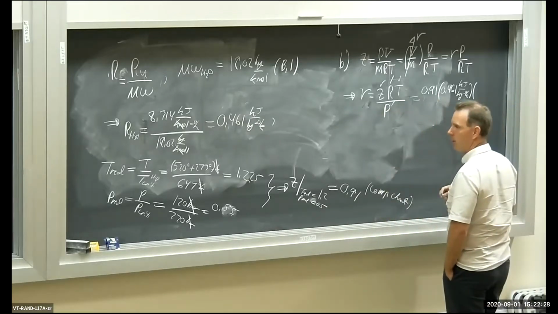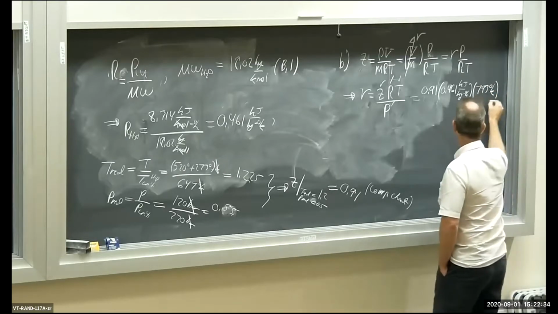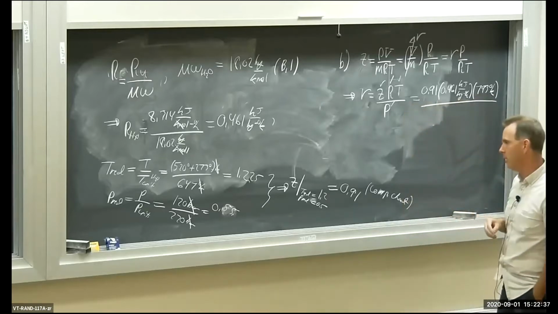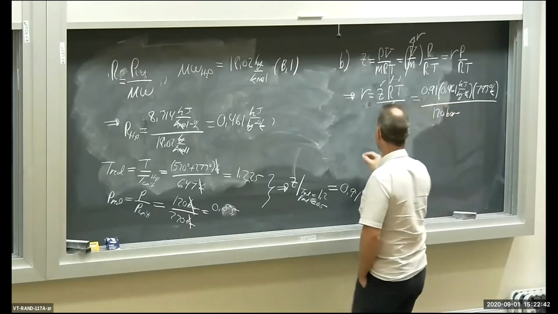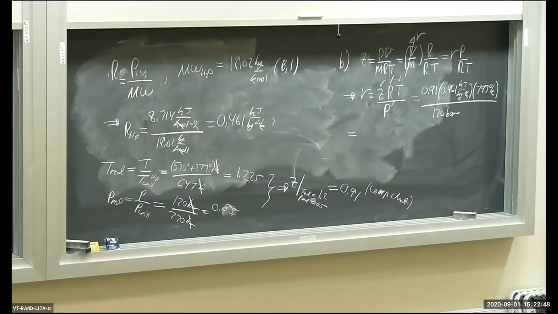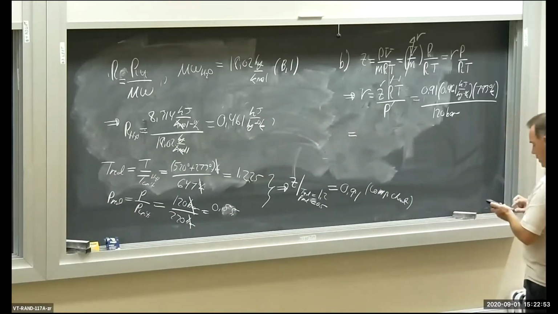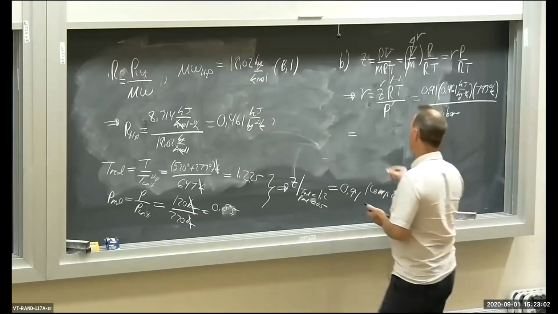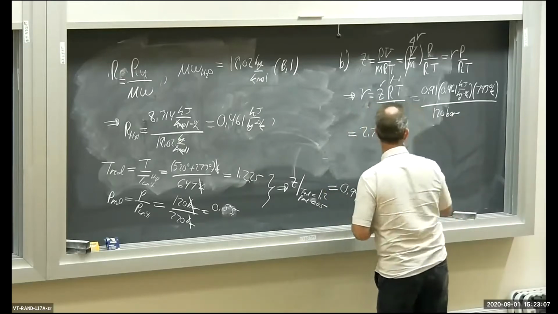That's going to be 793 degrees Kelvin. And then the pressure is 120 bar. Okay? So let's crank some of this out here, and then we'll deal with the units in a second. Looks like we have some unit issues. So 0.91 times 0.461 times 793 divided by 120. And I get 2.77 something. Let's look at the units here.